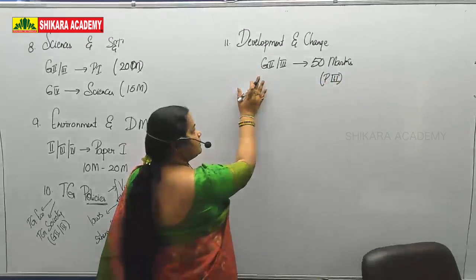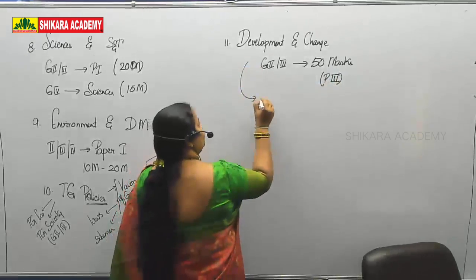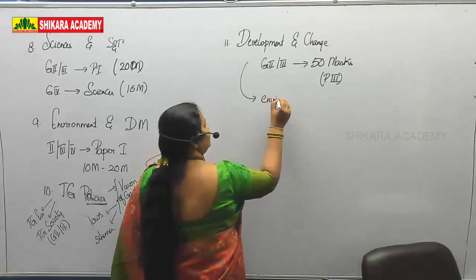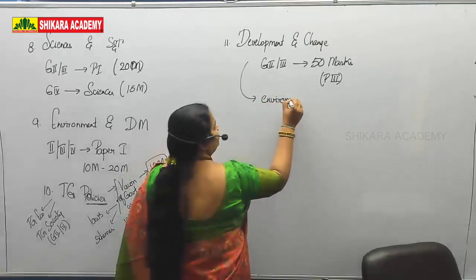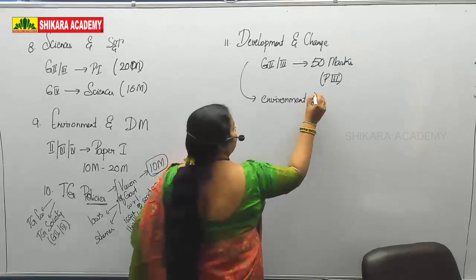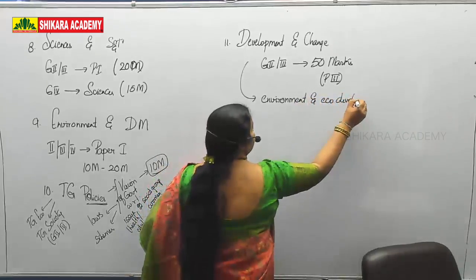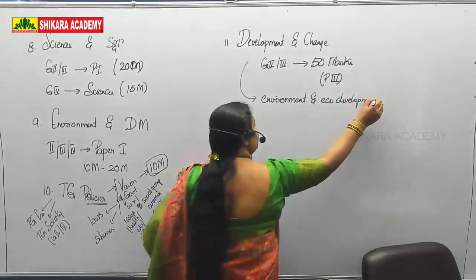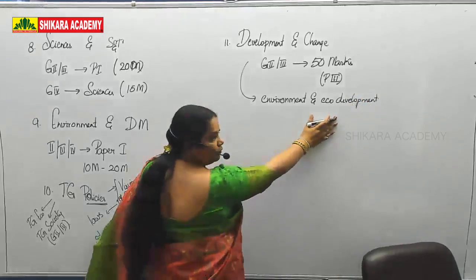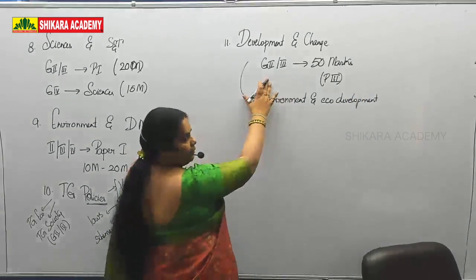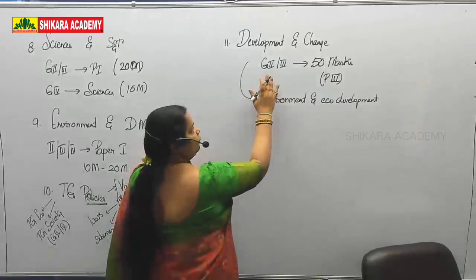This paper is basically a combination of environment and economic development. That is the reason why you talk about sustainable development, you also talk about poverty and unemployment in this paper. So this would be only for 2 and 3.